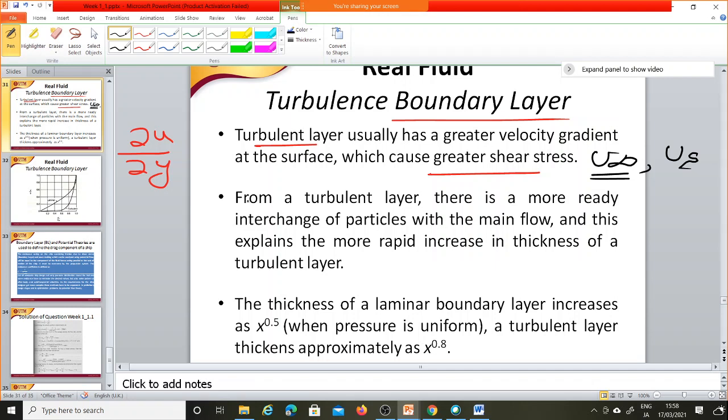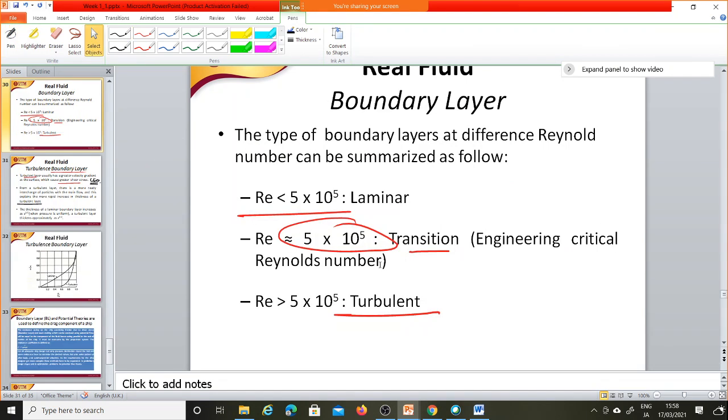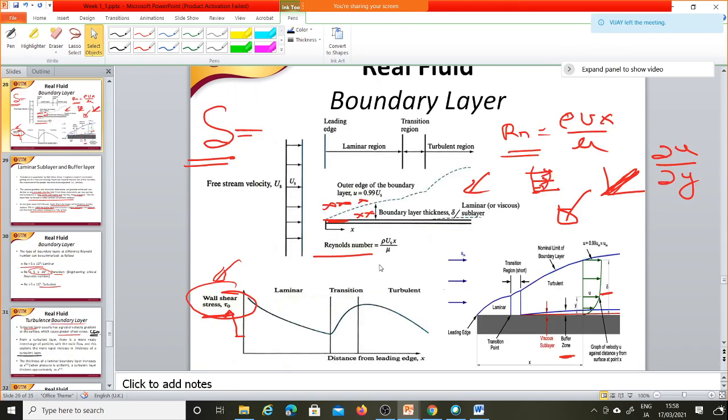From a turbulent layer, there is a more ready interexchange of particles, an exchange of information with the main flow, and this explains the more rapid increase in the thickness of the turbulent layer. As I said, that is why we have the greater thickness in the turbulent layer. The velocity gradient, du by dy, is much higher in the turbulent zone.